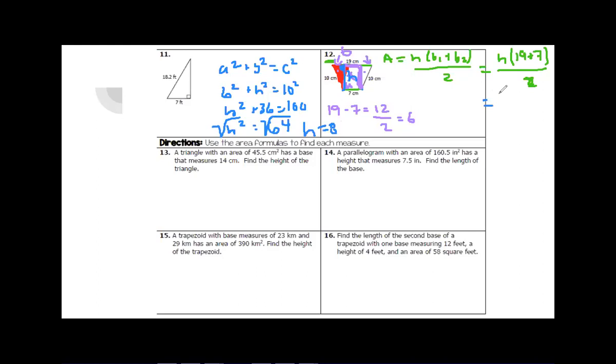So now I can come back over here and I can plug in 8 for h. 19 plus 7 is 26. So we have 8 times 26 divided by 2. 8 divided by 2 is 4.